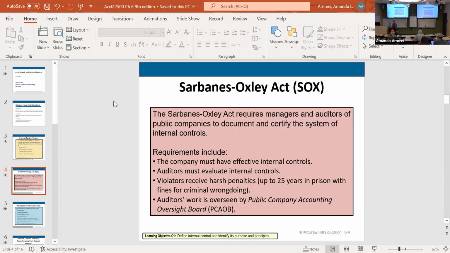Okay, and the rules say that the organization has to implement a system of internal control and that an auditor has to come in and check and make sure that it's working properly, right? Are those guardrails actually providing a safeguard to the business processes? Are those guardrails, those internal controls, actually making sure that nothing goes wrong in their business processes? The auditor has to come in and say, yes, that's happening, or no, it's not, right?